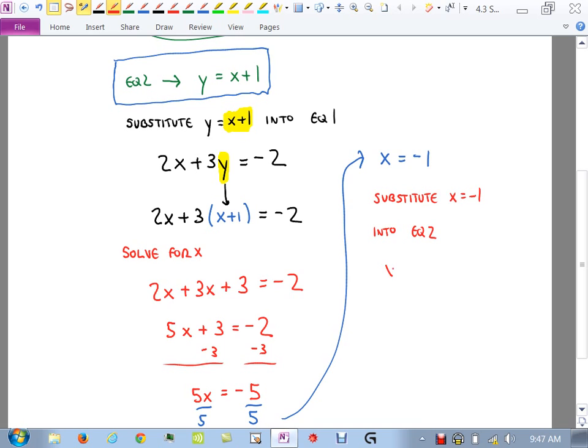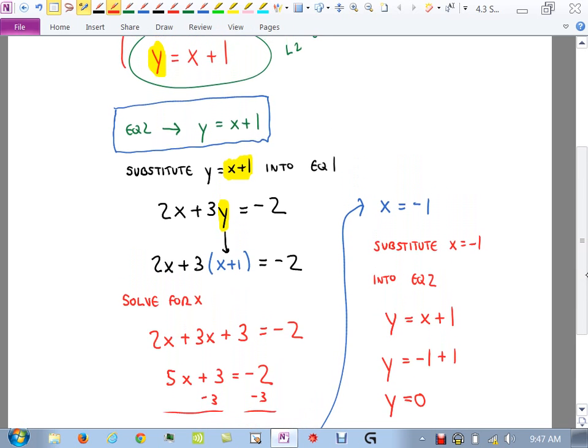So remember, equation 2 said y was equal to x plus 1. Replace now your x with -1. What's -1 plus 1? 0. So it appears that the answer is -1 for x and 0 for y.